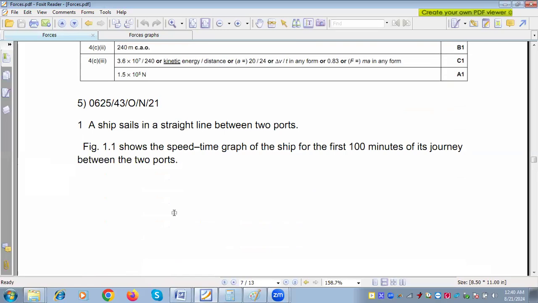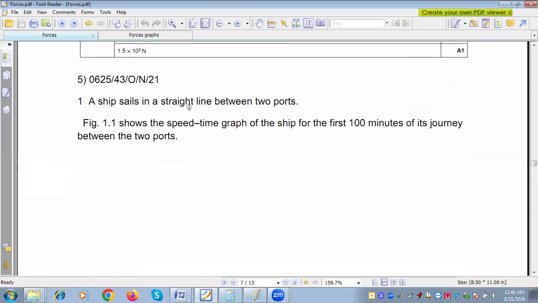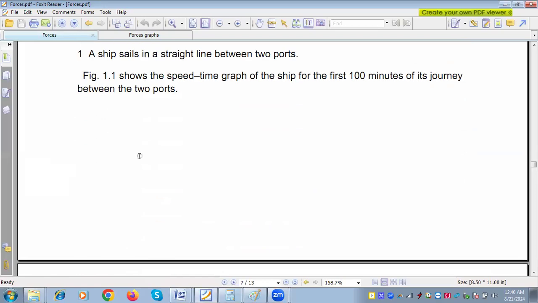A ship sails in a straight line between two ports. Figure 1.1, again the question number 1 of October 2021, variant 43, shows the speed-time graph of the ship for the first 100 minutes of its journey between the two ports.